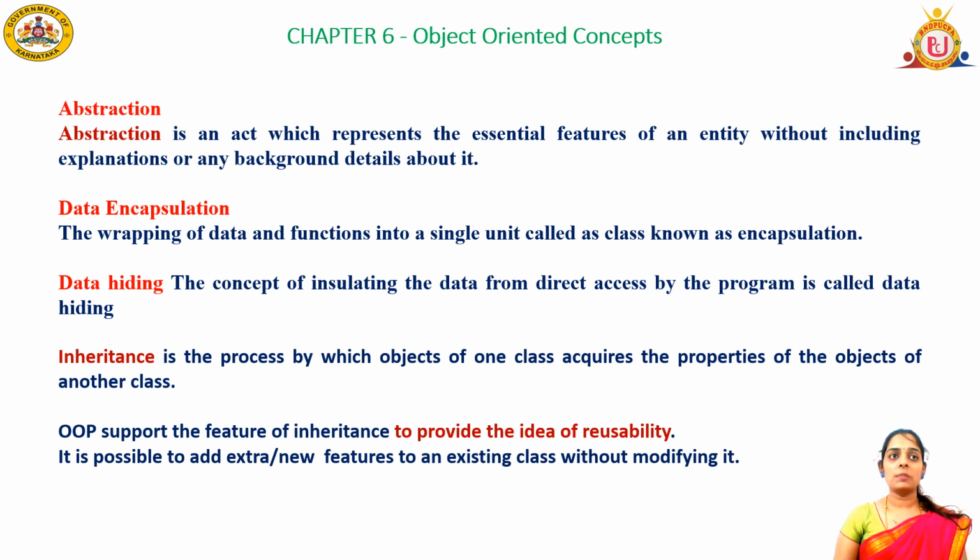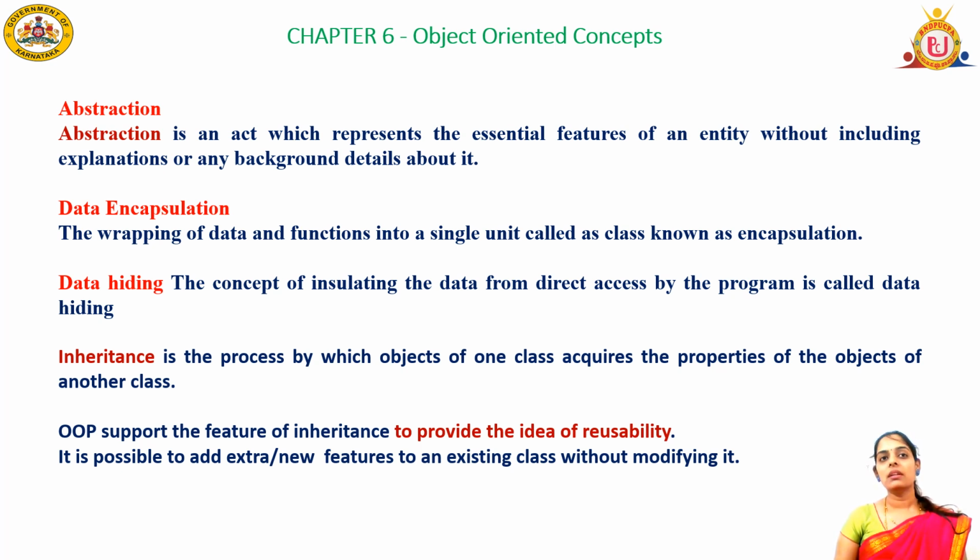Next one is abstraction. Abstraction is nothing but it represents only the essential features of an entity without including the background details or the explanations about it. Abstraction shows only the relevant details and the rest of the details are hidden.